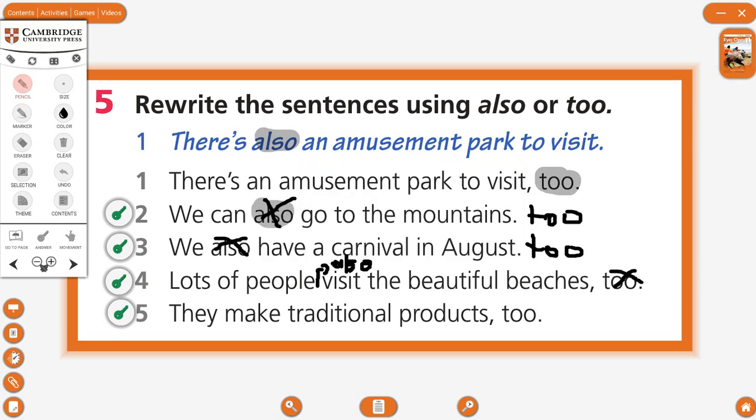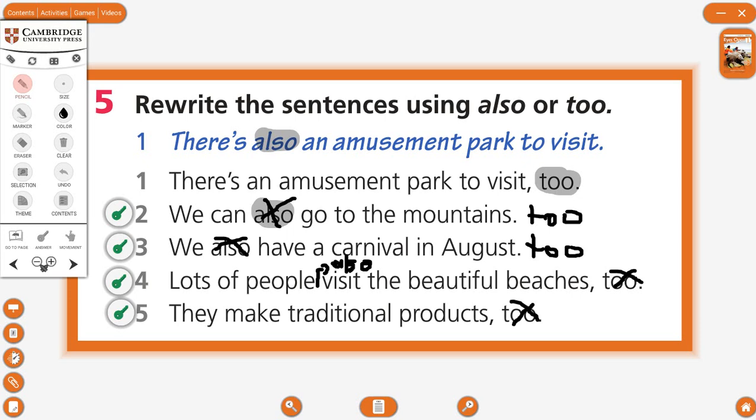Okay, that's true again. Now look at the last question, the last sentence about also and too. They make traditional products. Traditional products means geleneksel ürünler anlamına geliyor. Onlar geleneksel ürünler yapar. They make traditional products too. They use too in this sentence and we omit or delete too.